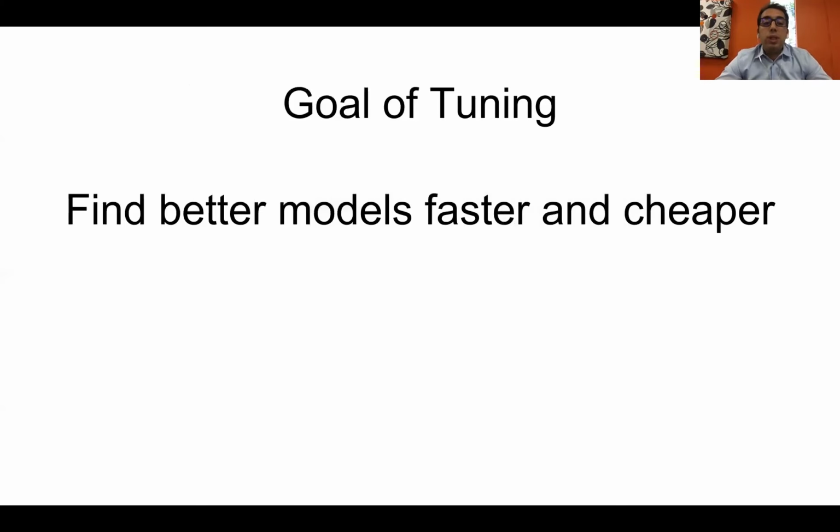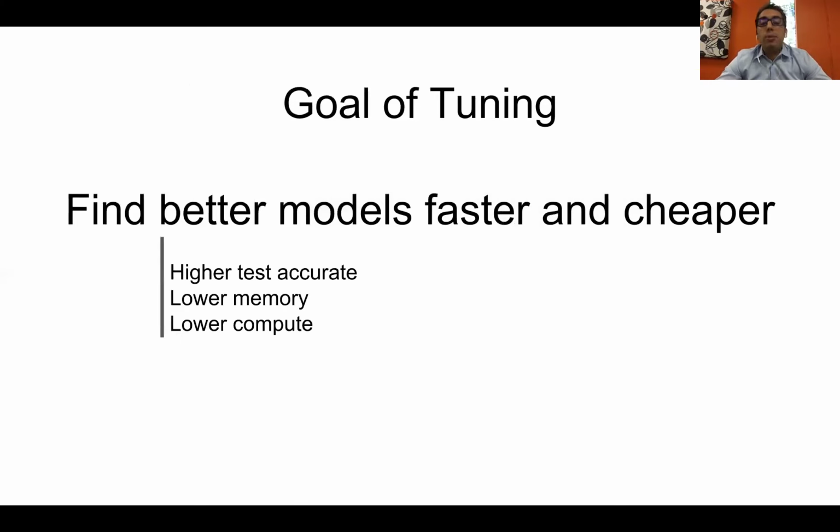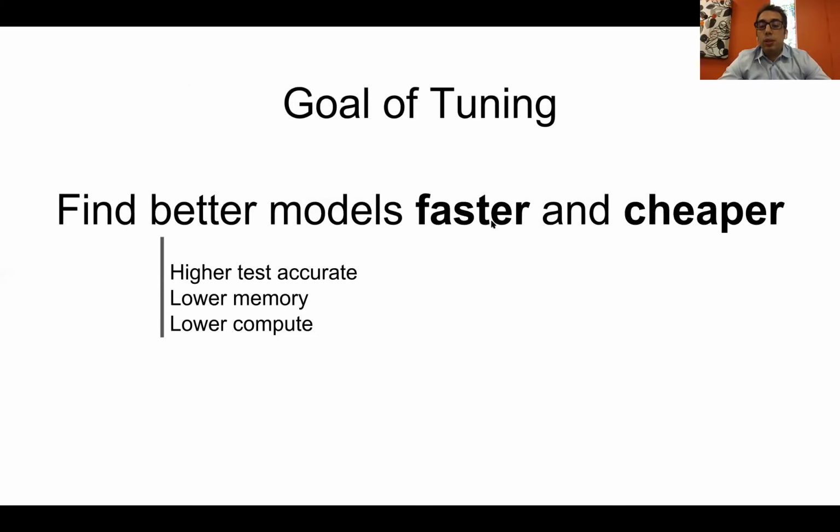So the goal of tuning is really finding better models faster and cheaper. What I mean by better models is models with higher test accuracy and lower memory and lower compute requirements. And usually people overlook the faster and cheaper part. This is usually the case for academia, but our focus is mostly on finding better models.